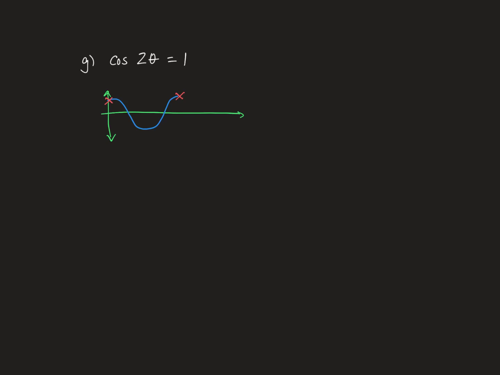However, if we're going to work our way through graphically on this, then there's something that needs to be focused in on. Because you have the 2 attached to that theta, we really don't have our normal cos curve, if we want to think of it that way.